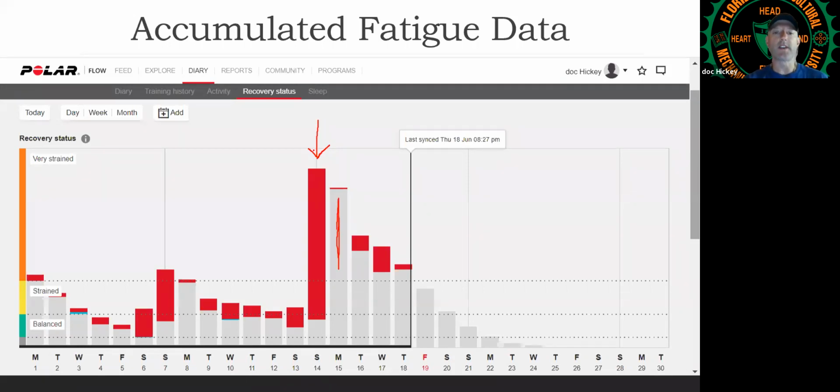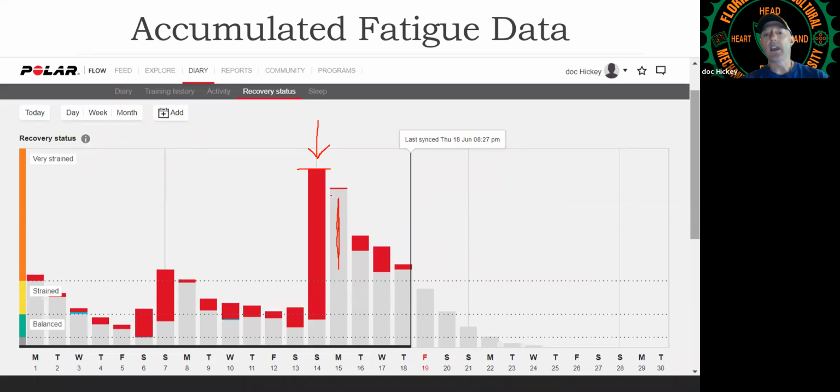If we're looking at this workout right here, on Sunday the 14th, last Sunday, was a 5.5 hour bike ride with somewhere in the neighborhood of 4,000 feet of climbing. And using my Polar Flow data, after the workout I was up in the very strained level.